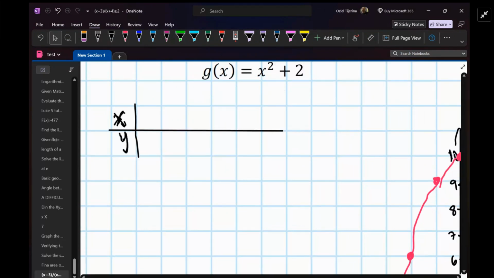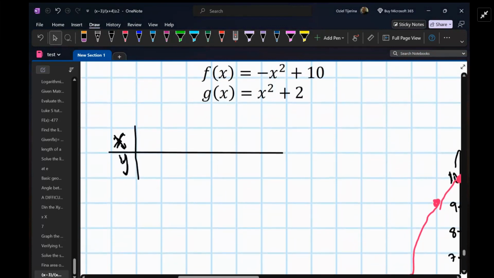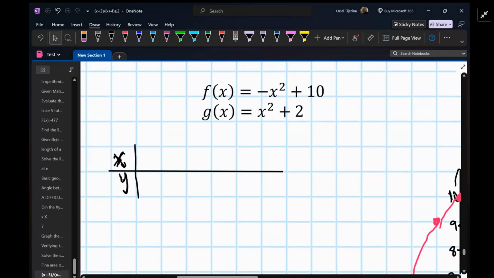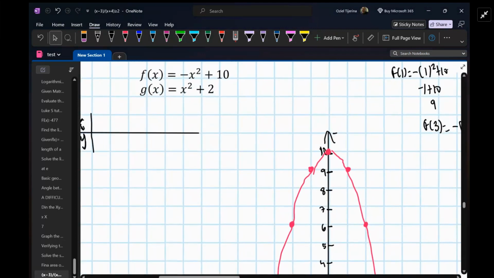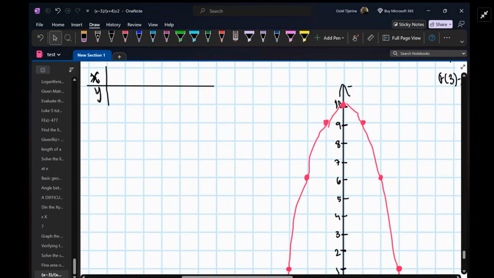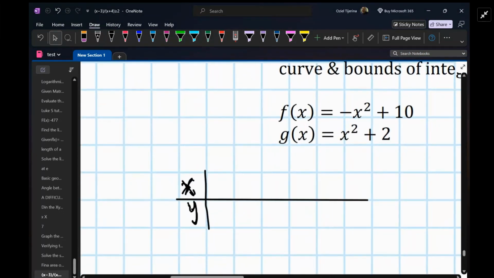So let's try to pick values that do fit in this graph. So let's start at negative 2. It's going to go negative 2, negative 1, 0, 1, 2.